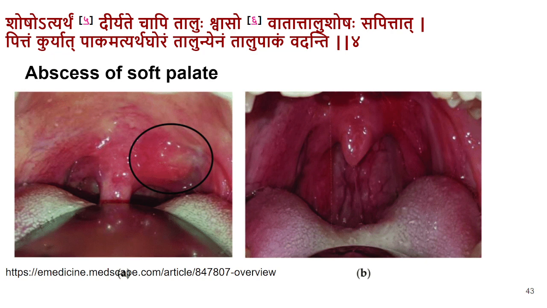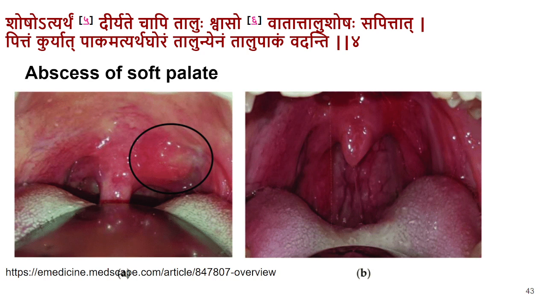Then Talushosha, atrophy of the palate. Of course, that may not really be a physical atrophy of the palate. But in conditions where there is a neurological pathology, patients who have palsies of the cranial nerves, the palatine movements could be affected, particularly in bulbar palsy patients.